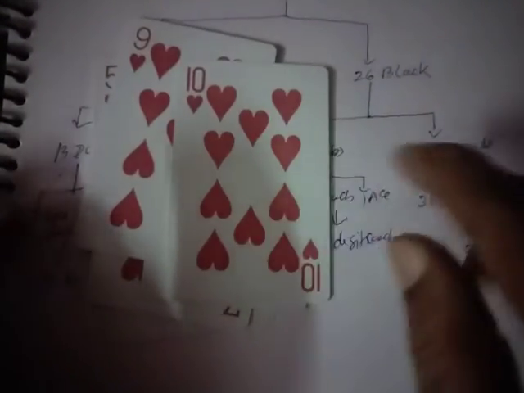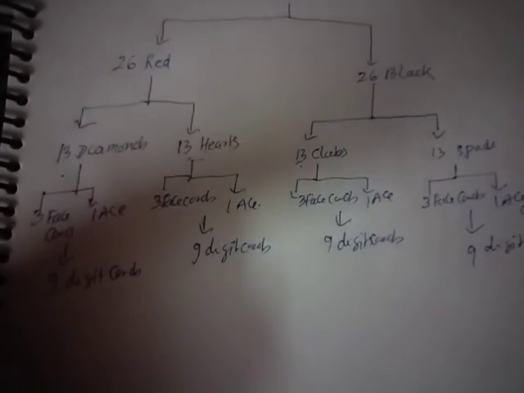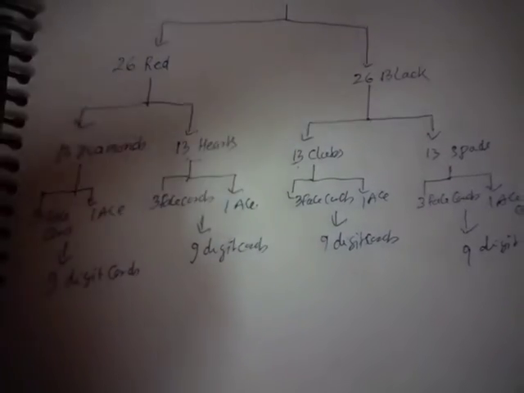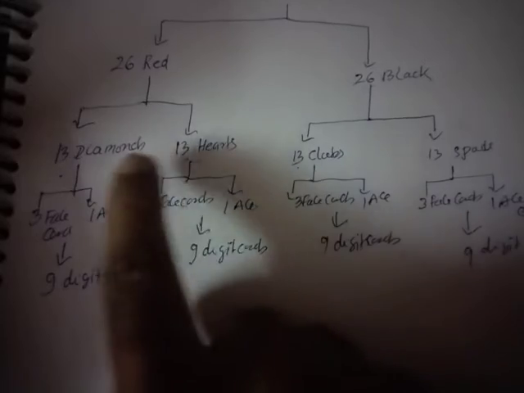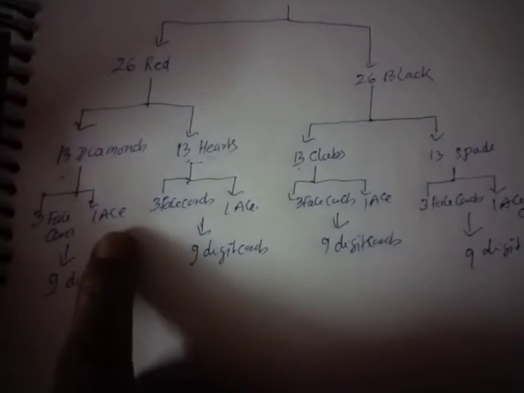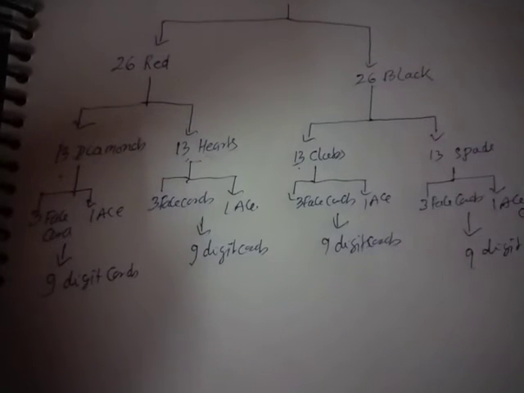So 9 hearts digit cards. Okay. Now in red, 13 diamonds, 13 hearts. In diamonds 3 face cards, 1 ace. In hearts also 3 face and 1 ace card. Okay.